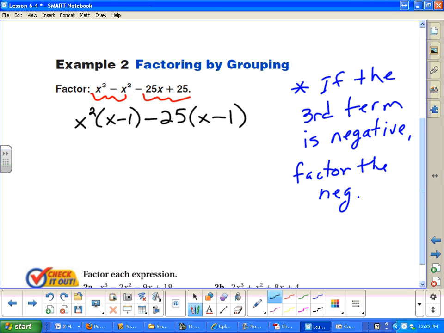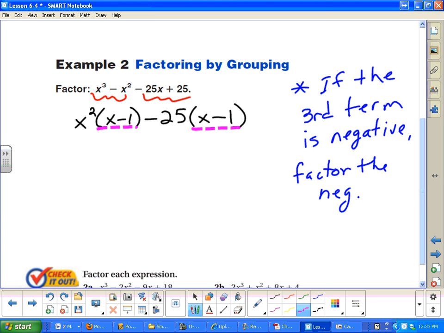So when we factor by grouping, what we're hoping for is just what we got here, that I have 2 things that are the same again. And so this is the way you can think of it. I'm going to factor the greatest common factor again, because both of these have the common factor of x minus 1.